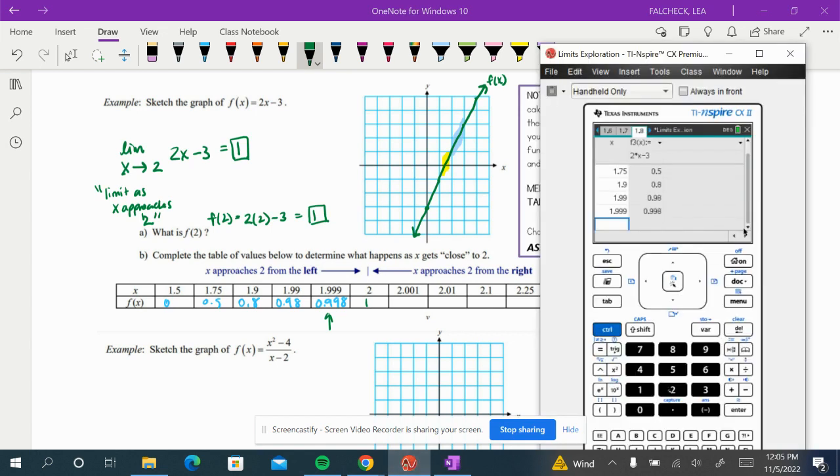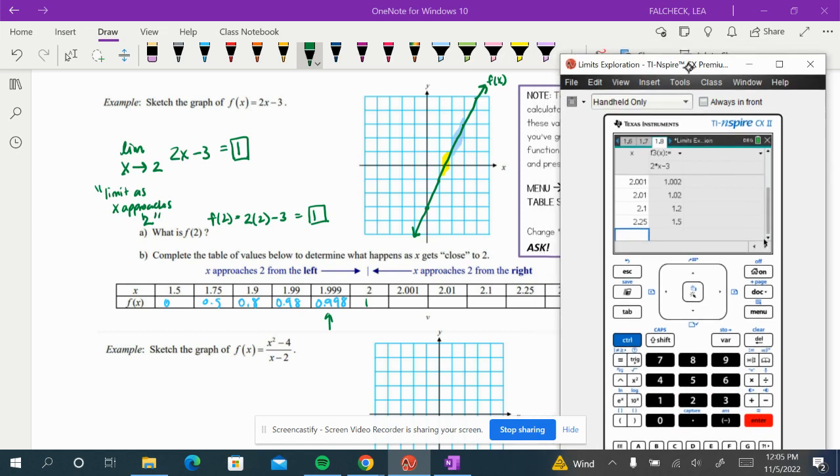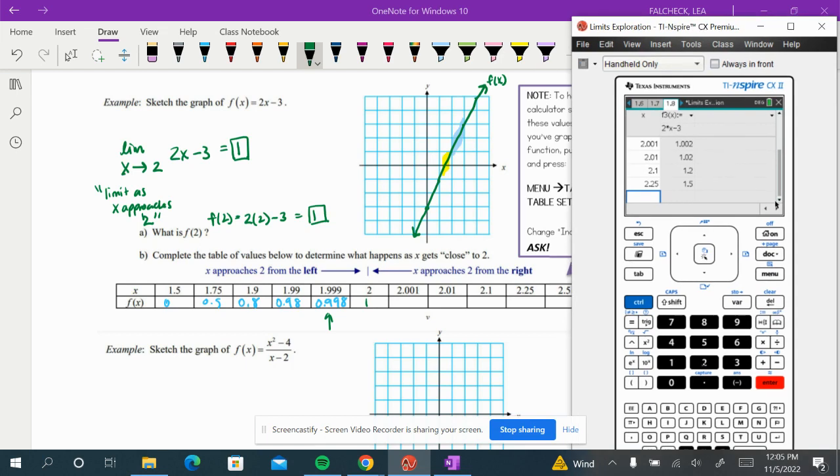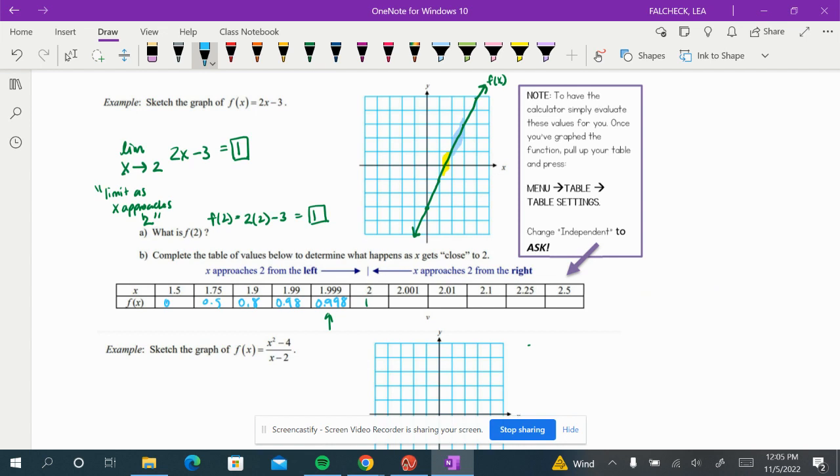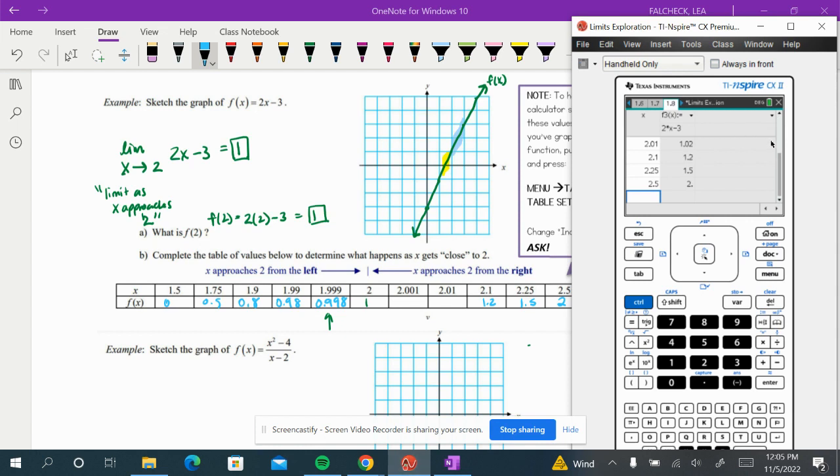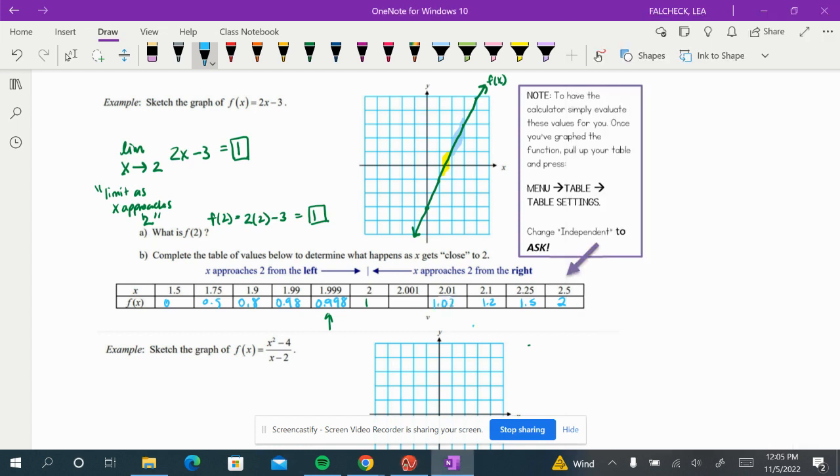So now I have 2.001, 2.01, 2.1, 2.25, and was that it? Oh, 2.5. Okay, so we've got 2, 1.5, 1.2, 1.02 and 1.002.